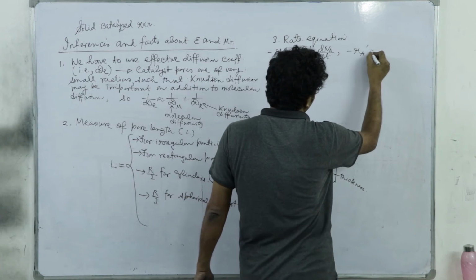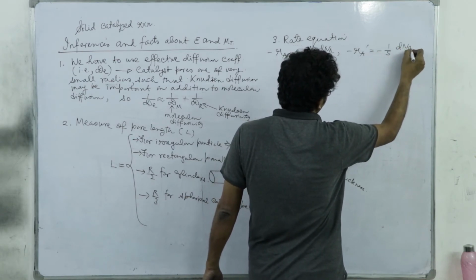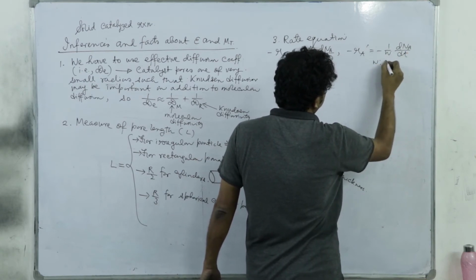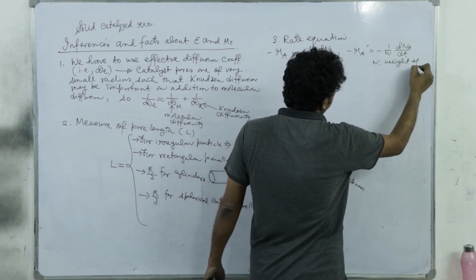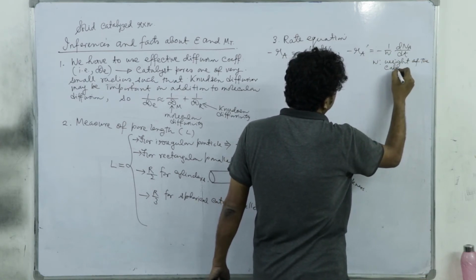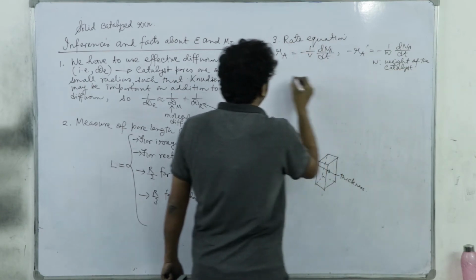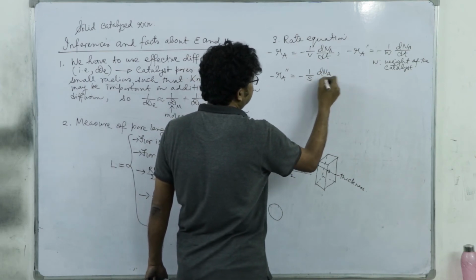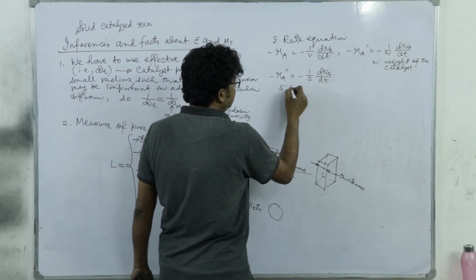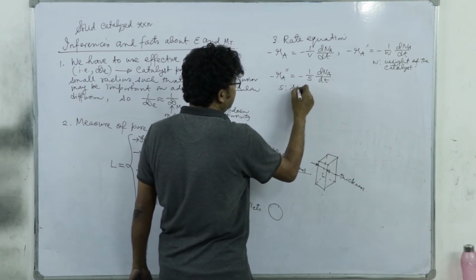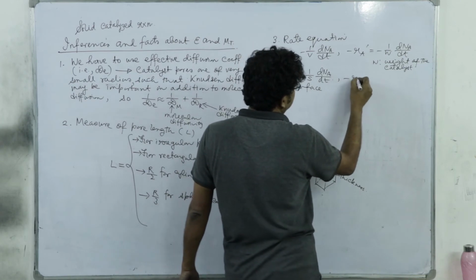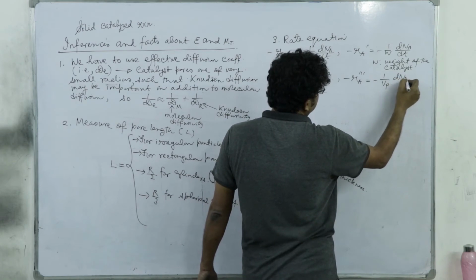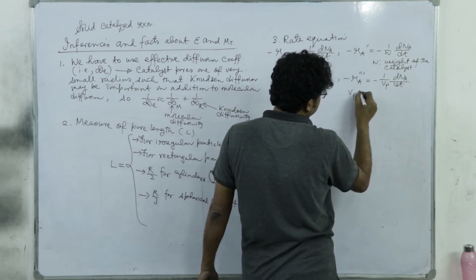We can use minus Ra prime as minus of 1 by W dNA dt, where W is the weight of the catalyst. We may use minus Ra double prime is equal to minus of 1 by S dNA dt, where S is the surface area. Additionally, here we are introducing Ra triple prime as minus of 1 by Vp dNA dt, where Vp is the volume of the catalyst pellet.